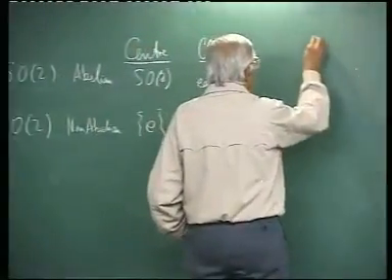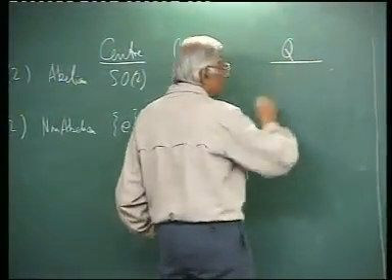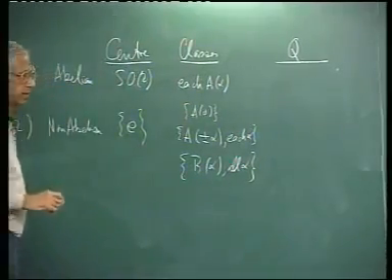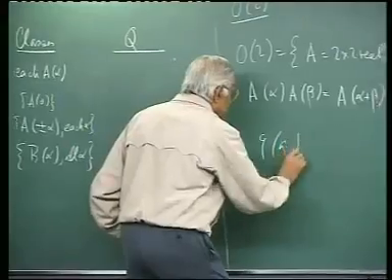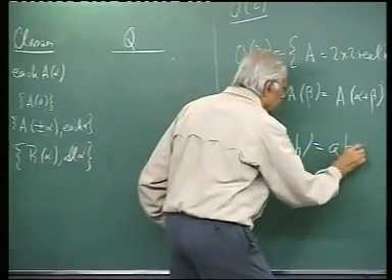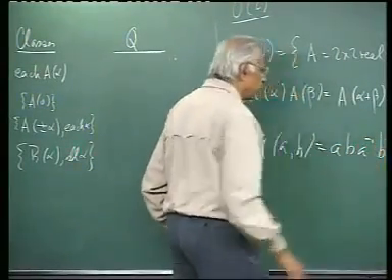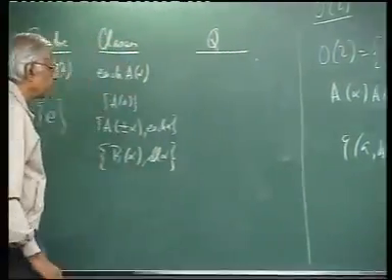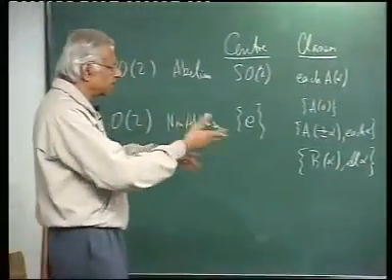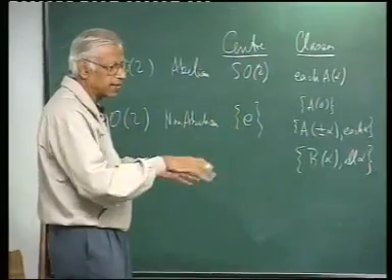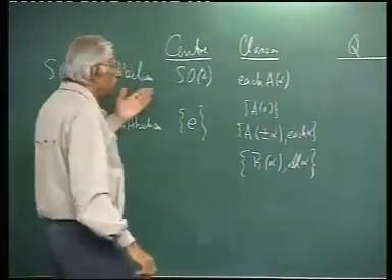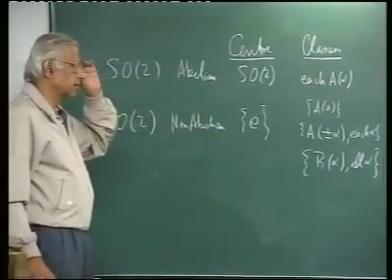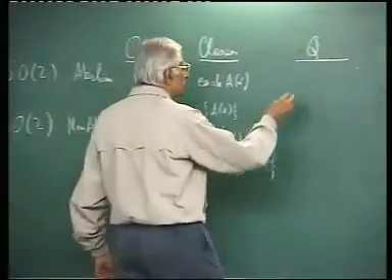Then, the commutator subgroup. Remember what that is? You take pairs of elements and form this combination A, B, A inverse, B inverse. Take products of such commutator elements any number of times, see what you get. In the case of SO2, what is the identity? Because it's abelian.